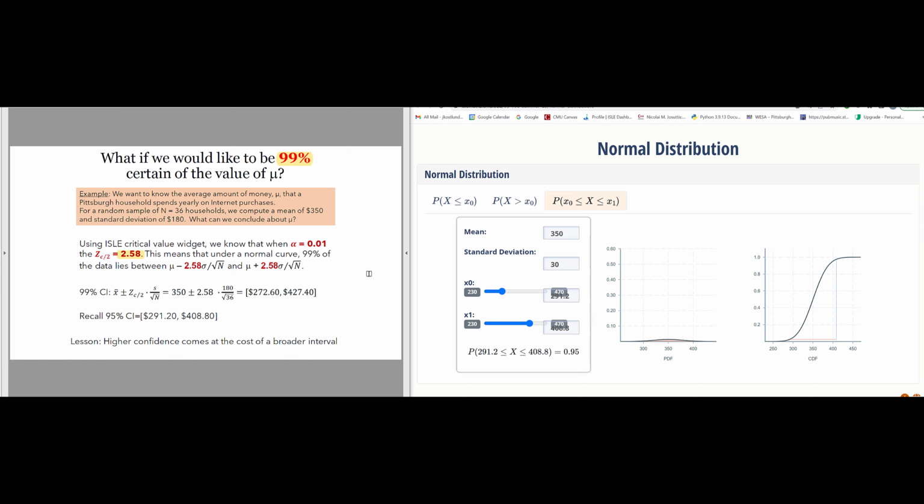Okay, and we can get that from the critical values tool. So let's suppose that we decrease the alpha outside of our confidence interval to 0.01, and we see that now the two-tailed z is 2.5758, so 2.58.